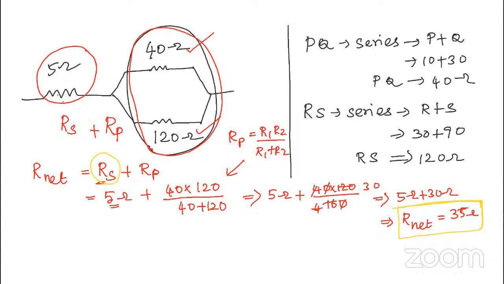From this we can calculate the value of I, right? The cell value is given as 7 volt. So calculate and tell me the next step. Yes, either it is 2 ampere or 0.2 ampere. Which one is right?